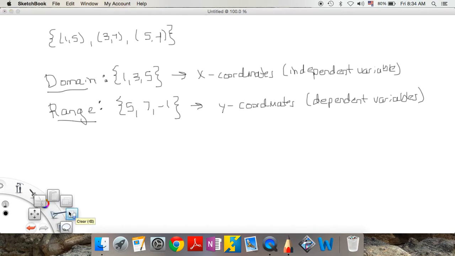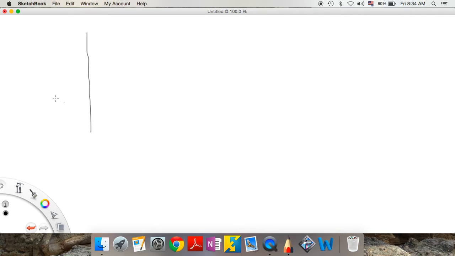Now, if you have a relation that looks like this, where you have just a line that goes on forever, we can write its domain and range as well. We usually just put a D for the domain, because we're mathematicians, we're lazy, we have shorthand for everything.